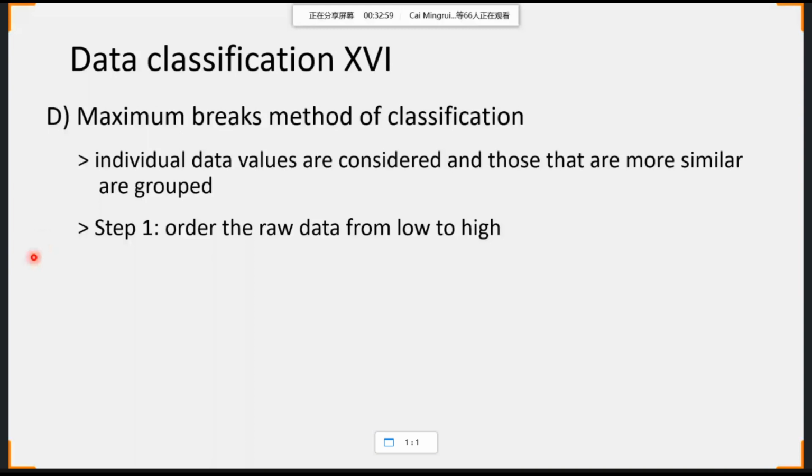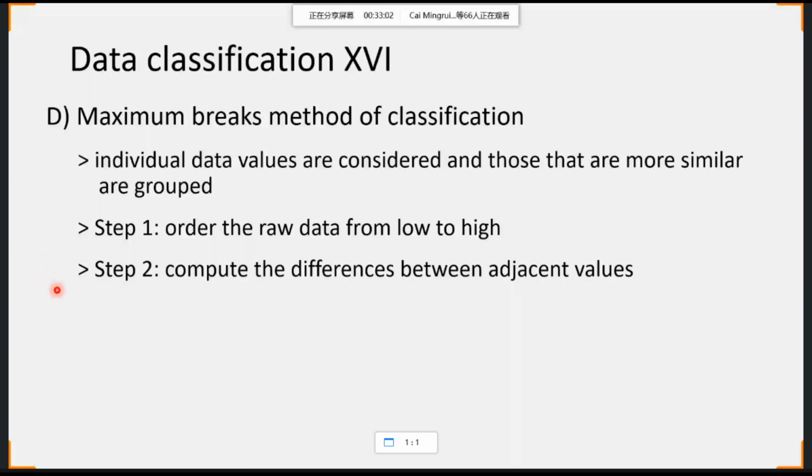Step 2, compute the differences between adjacent values. Adjacent values are neighboring values. So you have a line, you write down all the numbers from low to high, and then you check out the differences between each of the numbers, but only the neighboring ones first.